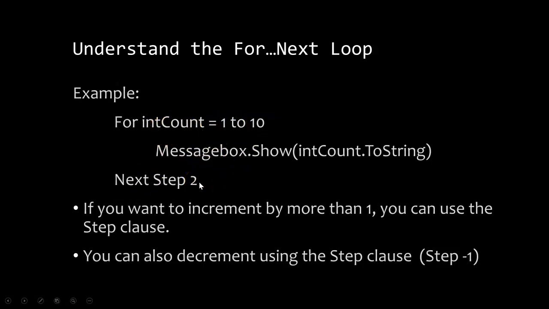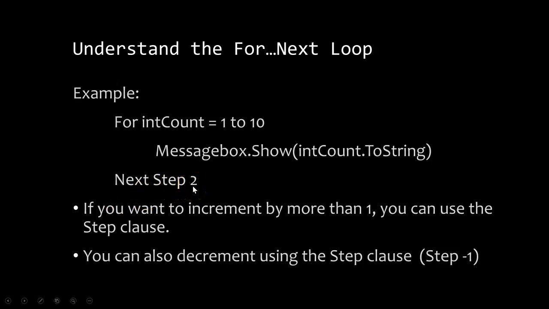I want you to keep this in the back of your head, maybe not so much for this week, but the coming weeks. There are unique times where you may want to increment more than one, meaning instead of incrementing your counter by 1, maybe you want to increment it by 2. So you add this little clause called step 2.